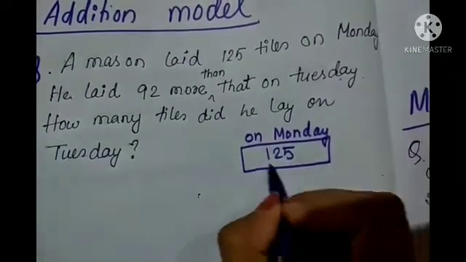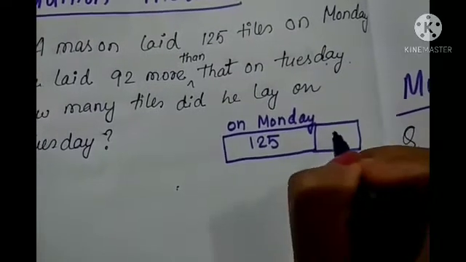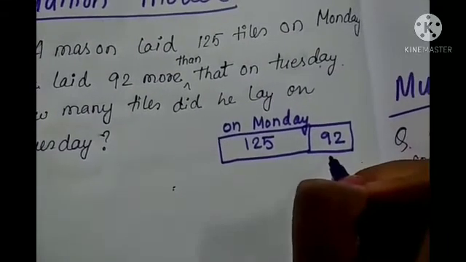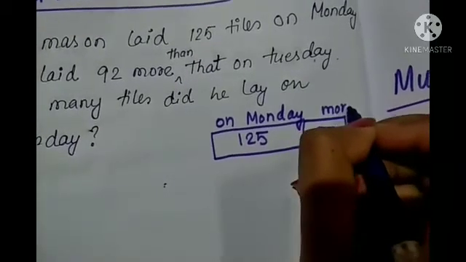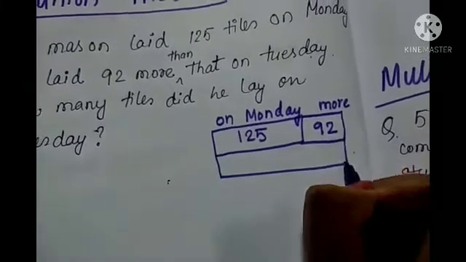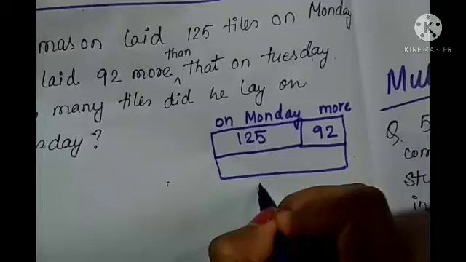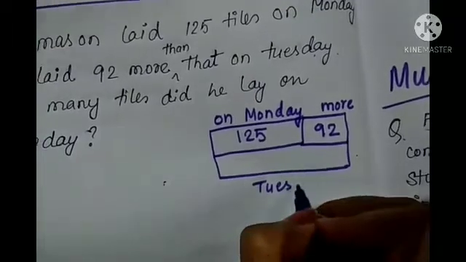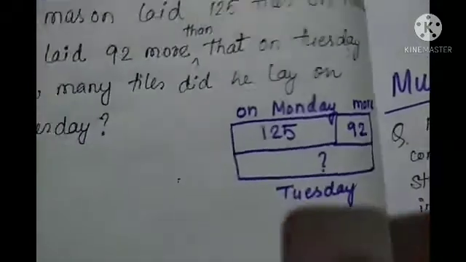More than this one, so we can add one more bar, and here we write 92. Lastly, this one is Monday and this one more is Tuesday. So we have to find out how many tiles he laid on Tuesday.